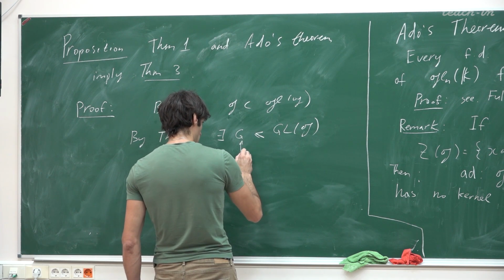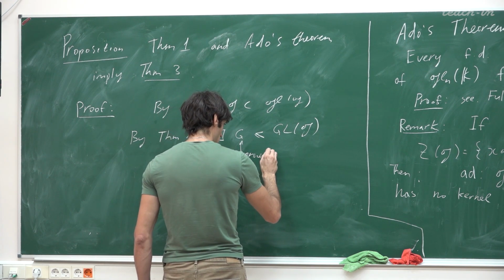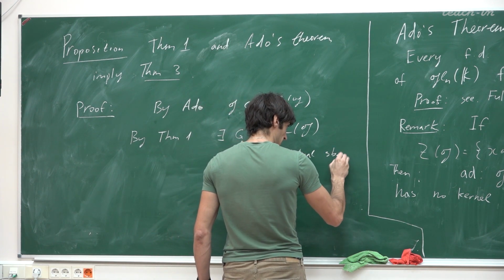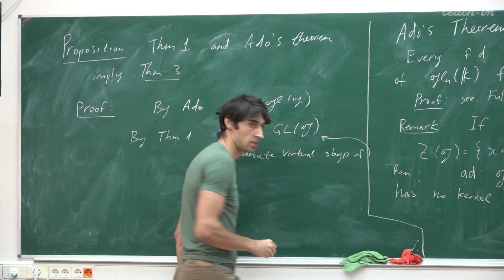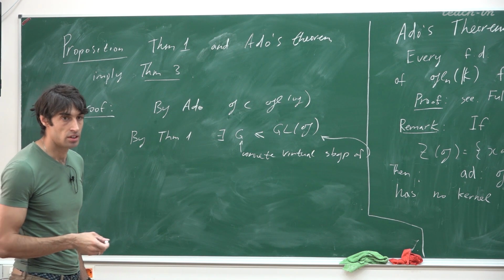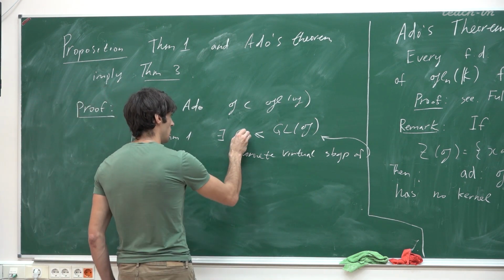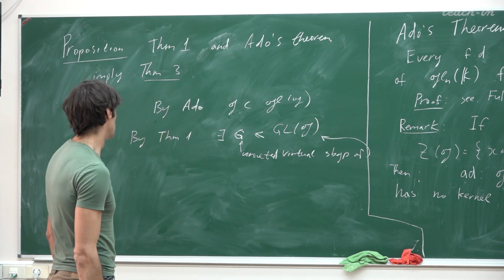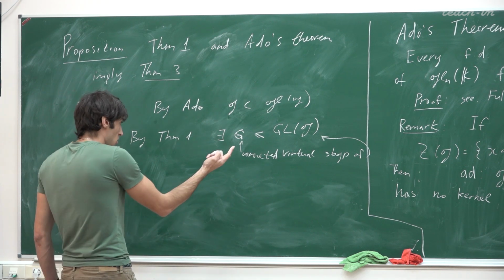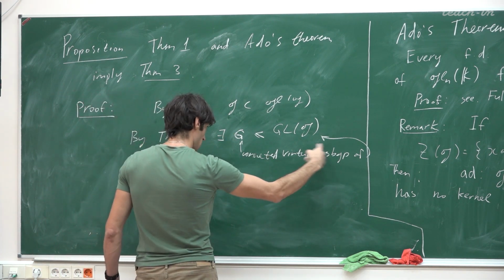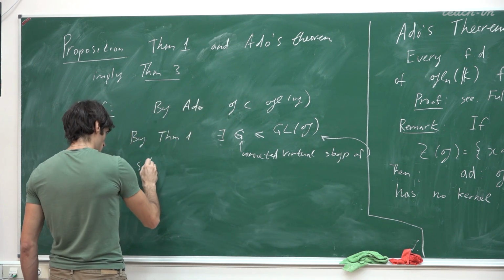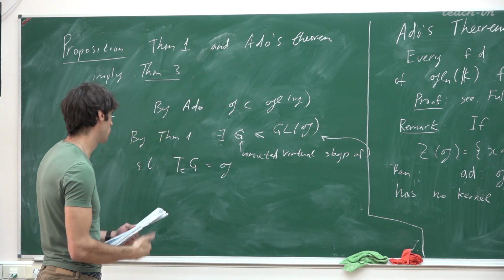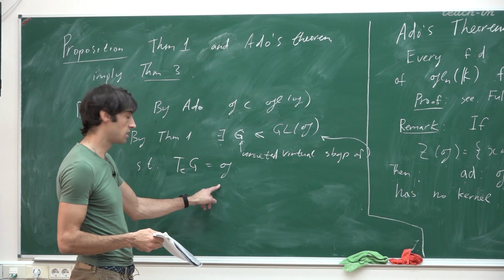It's a connected virtual subgroup of this. So we found some connected G such that Lie(G) equals 𝔤.